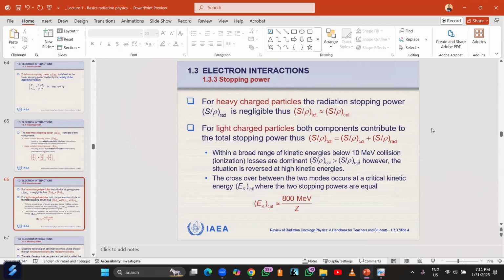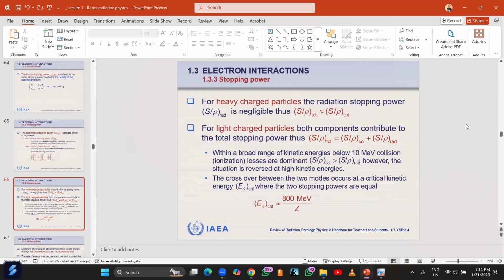And of course, we will do some tutorials on these just to put everything into perspective and see if you understand. For light particles, the total is the sum. But for heavy particles, the radiative component is almost equal to zero.